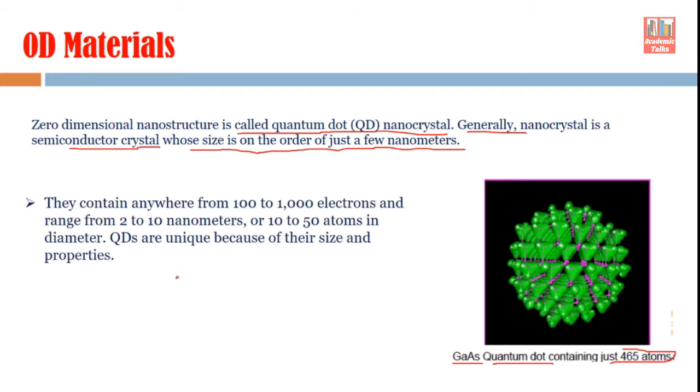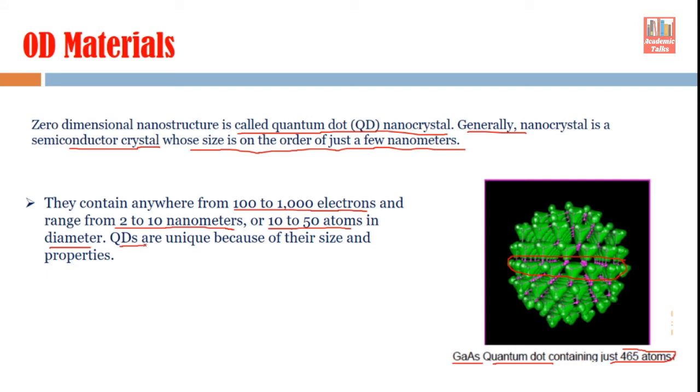Normally quantum dots contain anywhere from 100 to 1000 electrons, and they range from 2 to 10 nanometers, or in terms of atoms, their diameter may vary from 10 to 50 atoms, right. Here the total number of atoms is 465, but the diameter is from one end to the other end, and that may contain about 10 to 50 atoms.